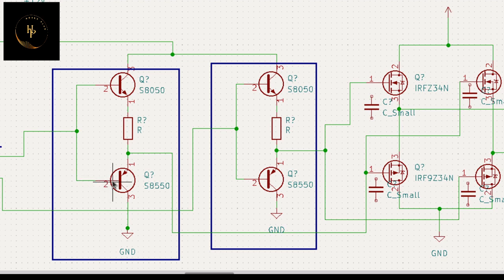Then your base voltage is 0, but you get 12 volts here, so it is in conductive mode. The capacitor discharges through this transistor and makes both of them neutral.